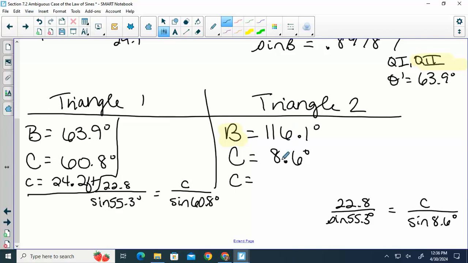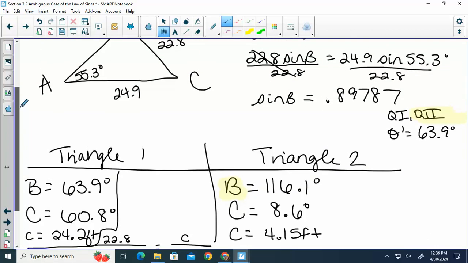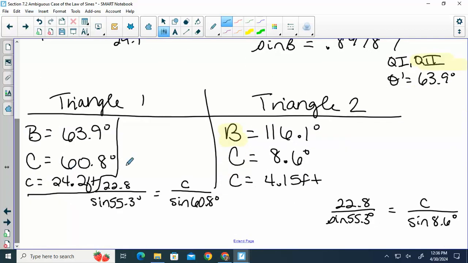And we get... okay, so check. Biggest angle is, alright, is side B the biggest side? Yes. Smallest angle is 8.6. Is side C the smallest side? Yes.